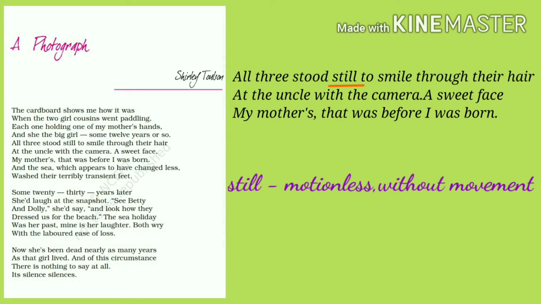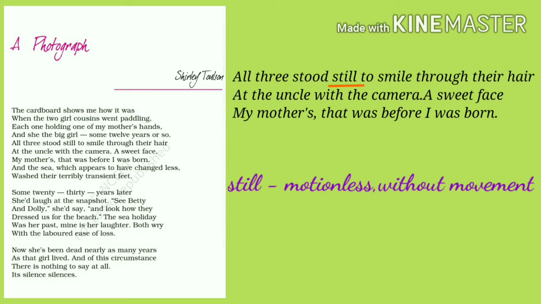First stanza, fifth, sixth, and seventh lines. Before that, see the word meanings given here. Still means motionless or without movement. All three stood still to smile through their hair at the uncle with the camera. A sweet face, my mother's, that was before I was born.